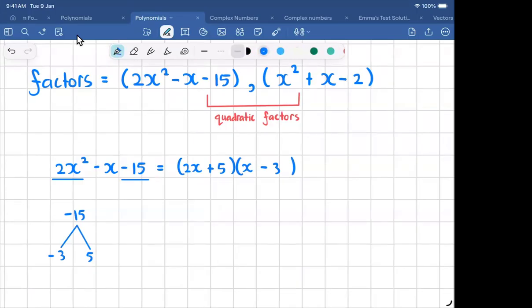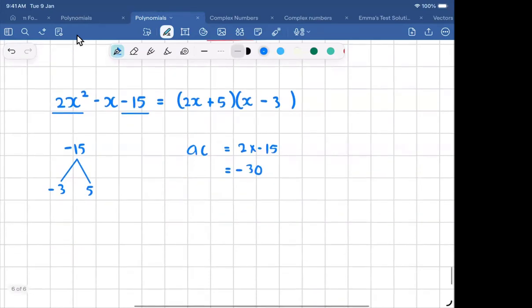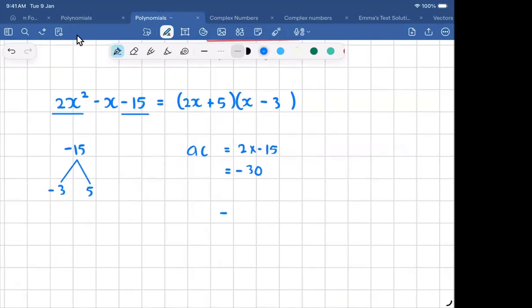So first of all, let's figure out what A times C is. A is 2, and C is minus 15. So 2 by minus 15 is going to give me minus 30, yeah? Yes, sir. Great.